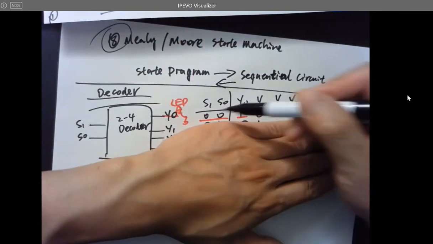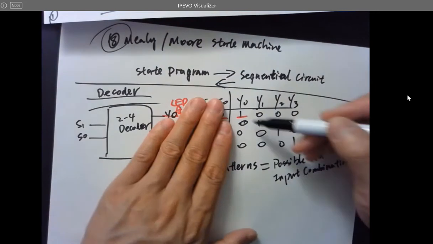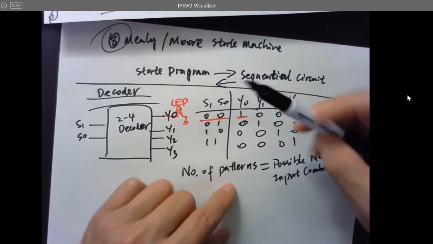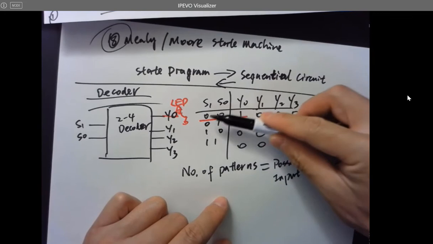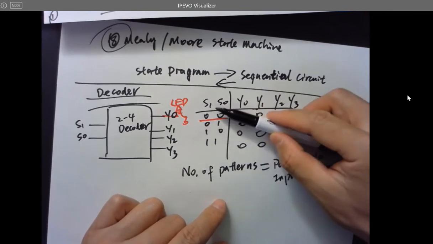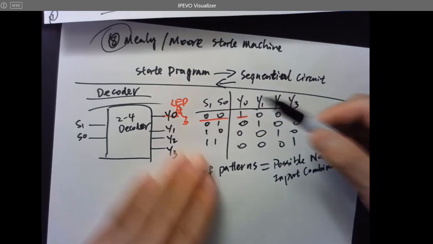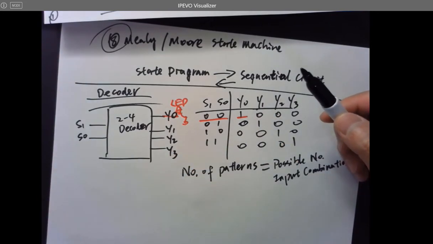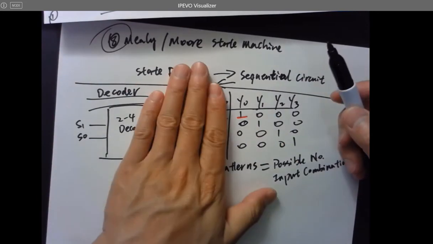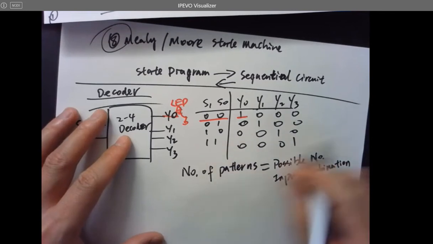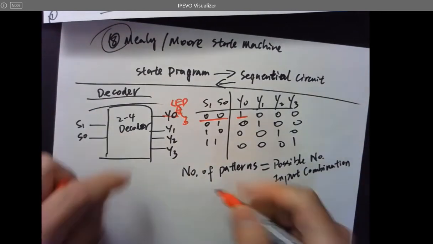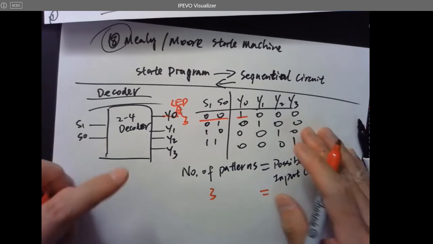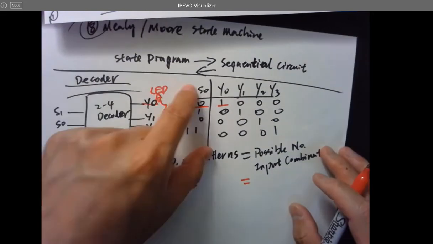So this is one. If you have 4 patterns, right? 1, 2, 3, 4, which means you need 4 types of inputs or codes to represent that, okay? Or to ask the decoder to make that pattern happen. So in that case, if I'm telling you I have three patterns, how many bits do I need for the input?